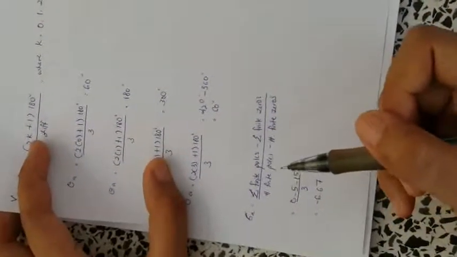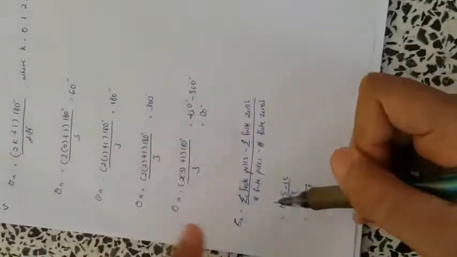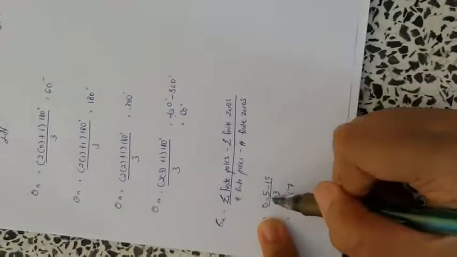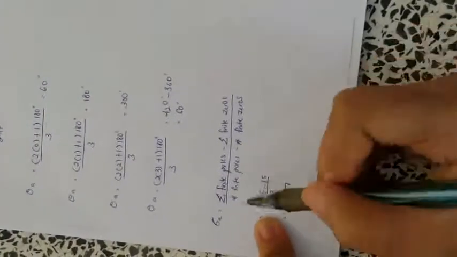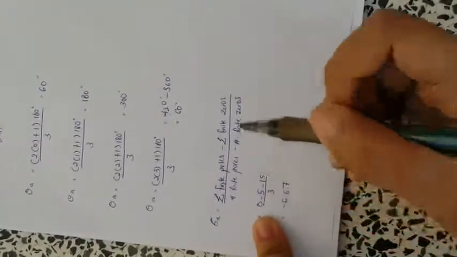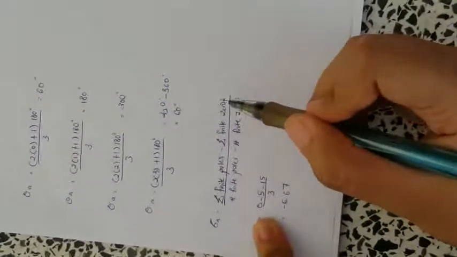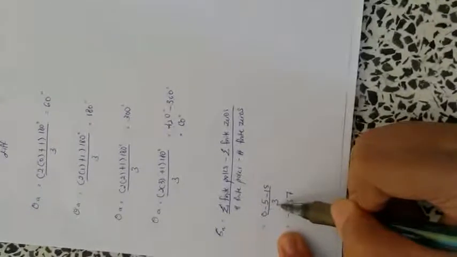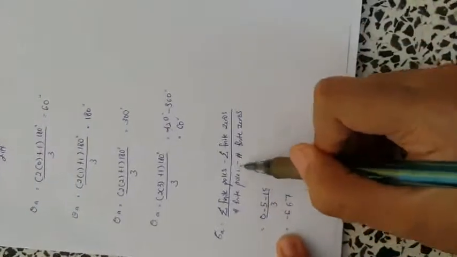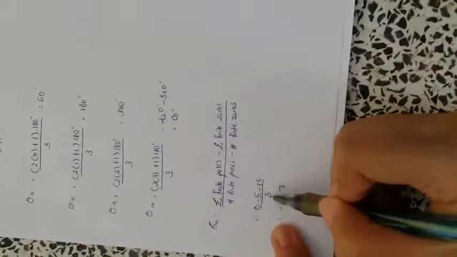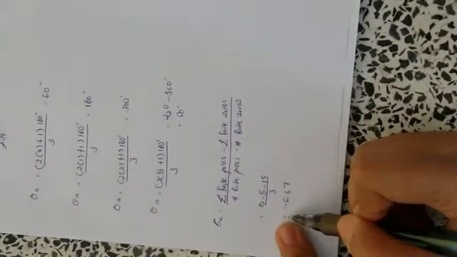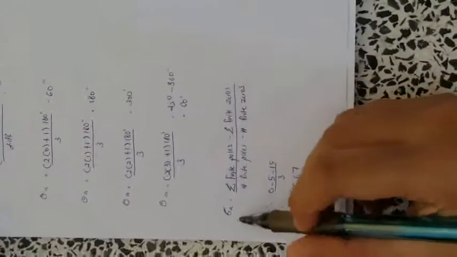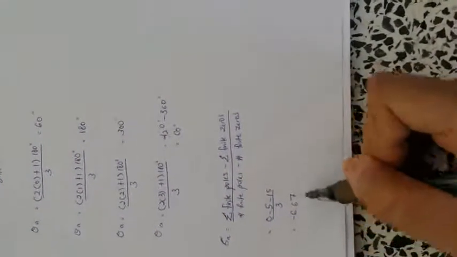Since we only have poles, the locations of the poles are 0, negative 5 and negative 15. So we substitute the values here, and we don't have any values for zeros. The bottom is the number of finite poles minus the number of finite zeros, so we have 3 in difference, and hence sigma A equals negative 6.67.